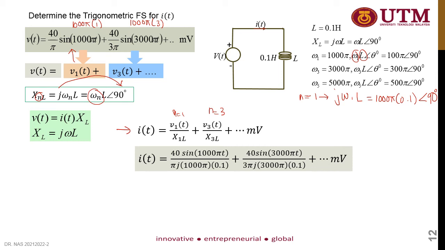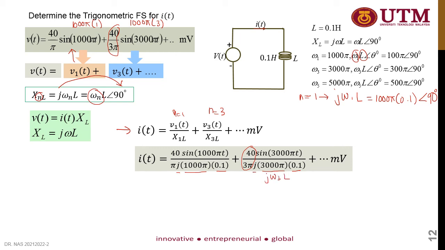In this case, 40 over pi, where your XL is j omega 1 L, plus the third harmonic, which is 40 divided by 3 pi, and then divided by XL3. So this is omega 3, this is your L, so it's j omega 3 L.